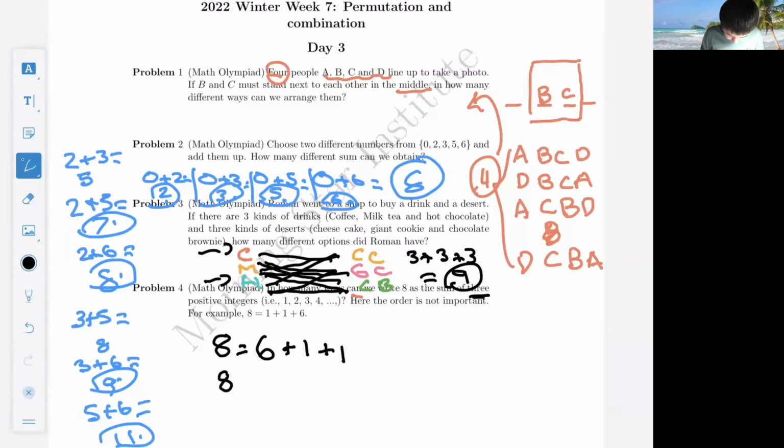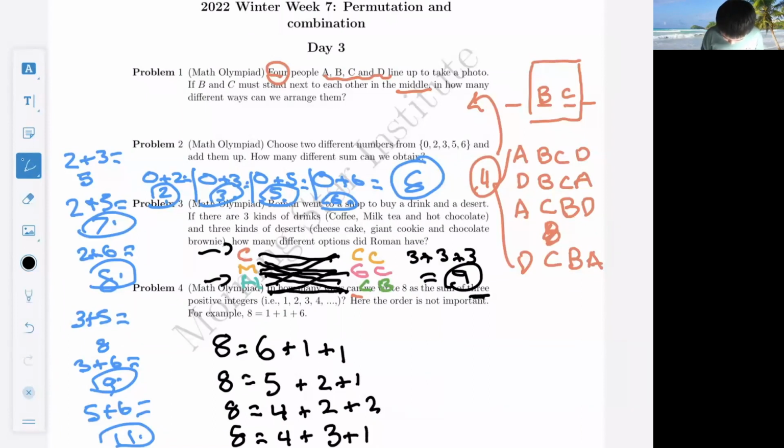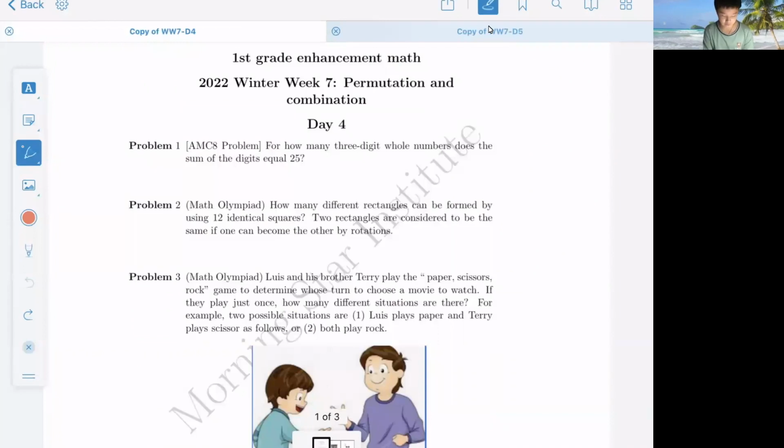The other choices would be 8 equals 5 plus 2 plus 1, 8 equals 4 plus 2 plus 2, 8 equals 4 plus 3 plus 1, 8 equals 3 plus 3 plus 2. So in total, there are 1, 2, 3, 4, 5 different options.